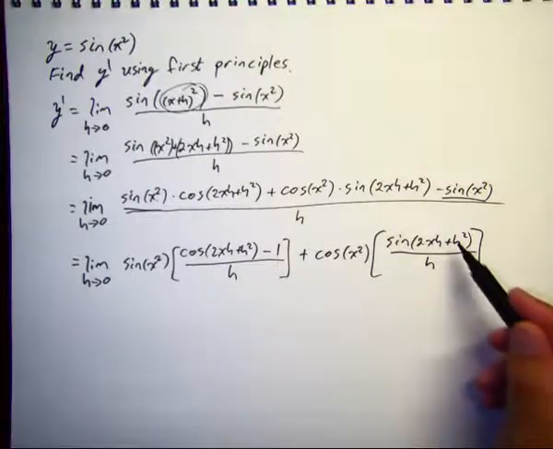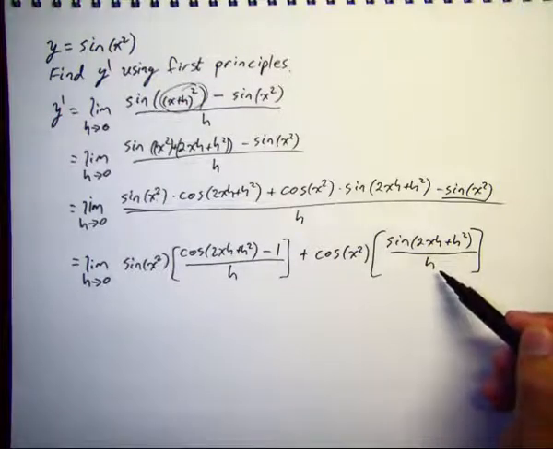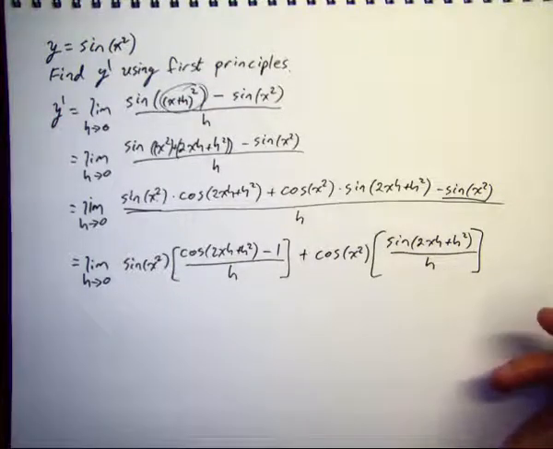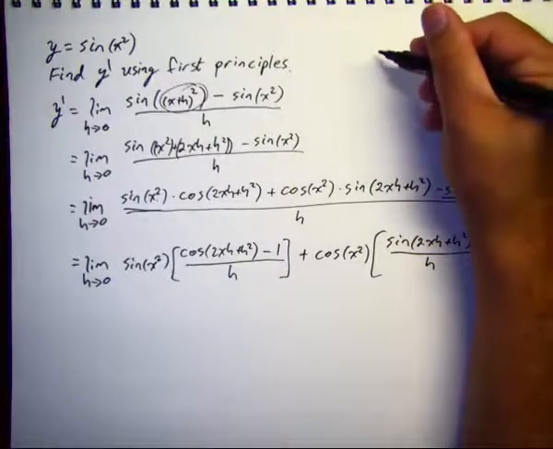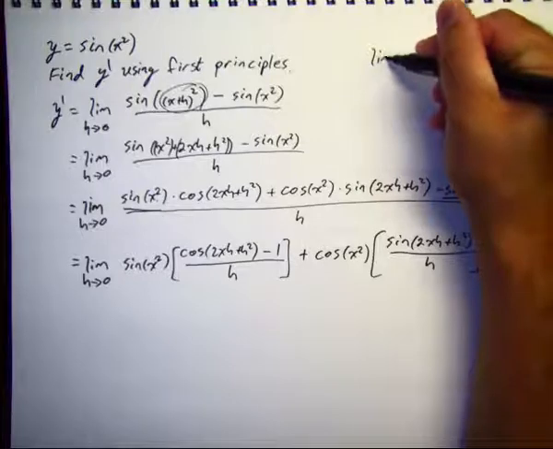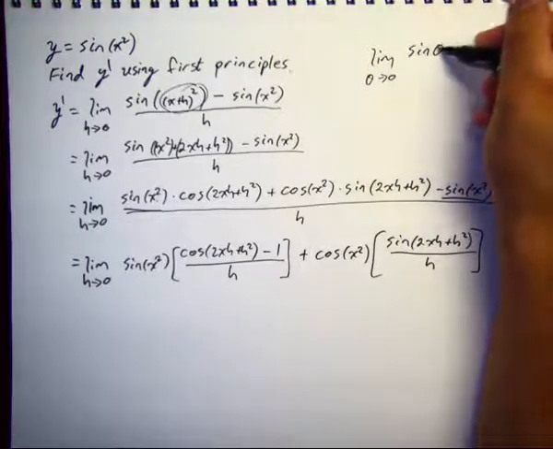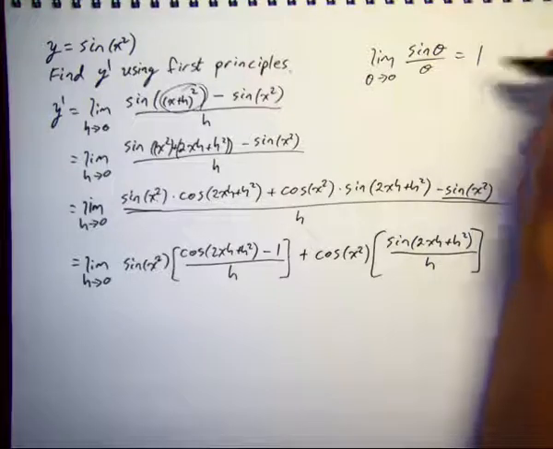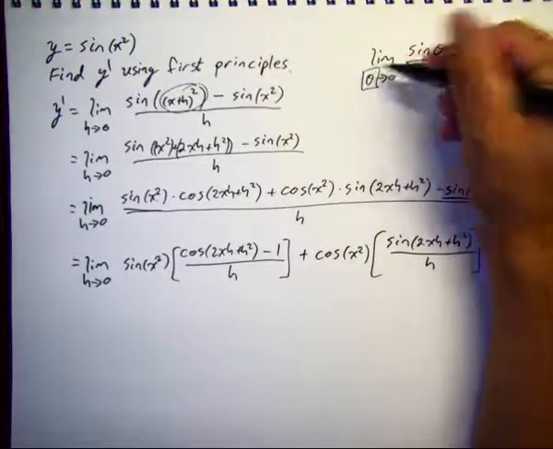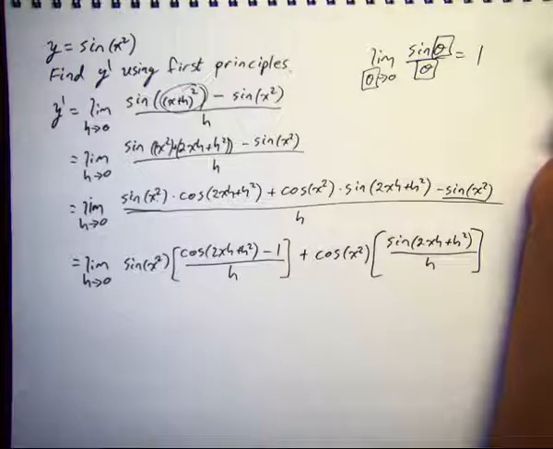And this looks an awful lot like sine theta over theta. It's the limit as theta goes to 0 of sine theta over theta. That's equal to 1. So this and this and this all have to be the same thing.